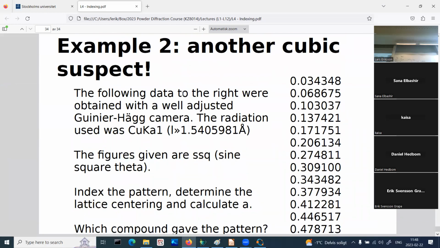Here you have another cubic suspect. If you want to see it just by visual interpretation, this value is also sine squared theta. This is approximately twice that, 3 times that, 4 times, 5 times, 6 times, 7. No, something is missing. It is 6 times the first one.